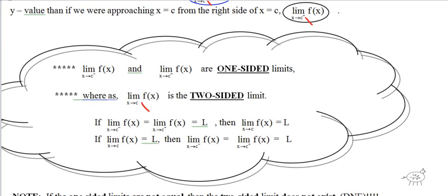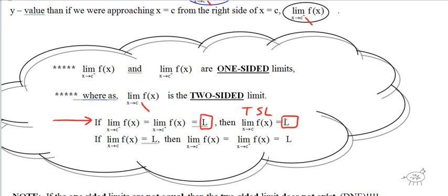A couple important things here. If the limit as x approaches c from the negative side, the left-sided limit, is equal to the limit as x approaches c from the positive side, the right-sided limit, and they equal a value L, then we can say the two-sided limit also equals L. It's only if the one-sided limits are the same.